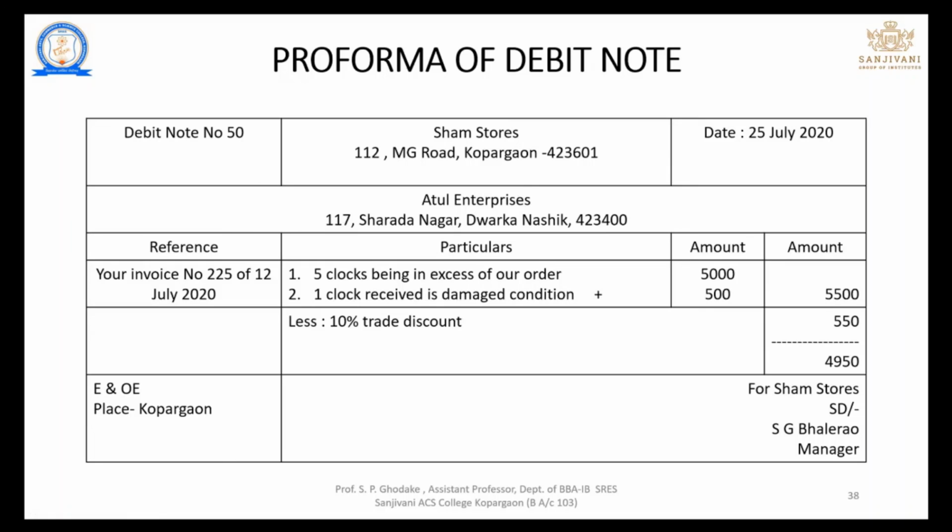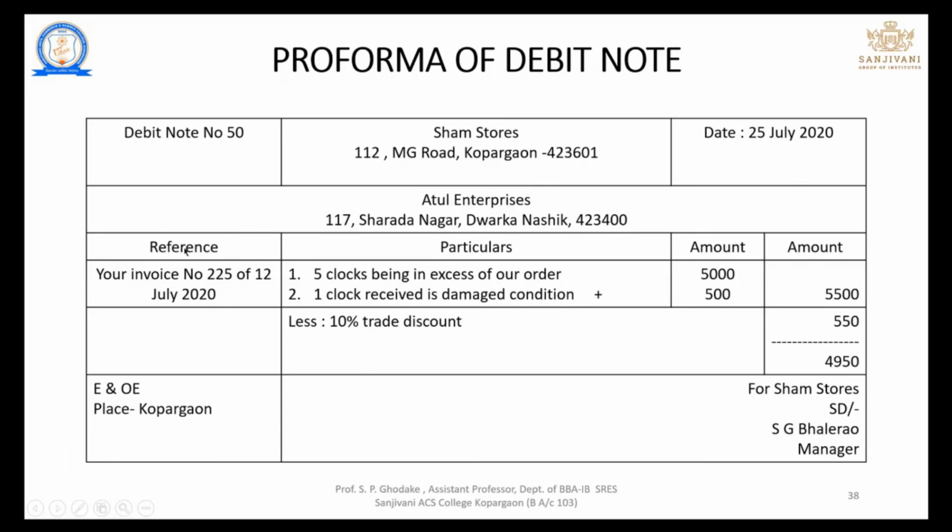Now we'll see the pro forma of a debit note. Here the debit note number is given. Then at the center on the top we have the trader, that is the owner who is issuing the debit note, and the date, and here the party's name from which we have purchased the raw material and to whom we are now returning goods.